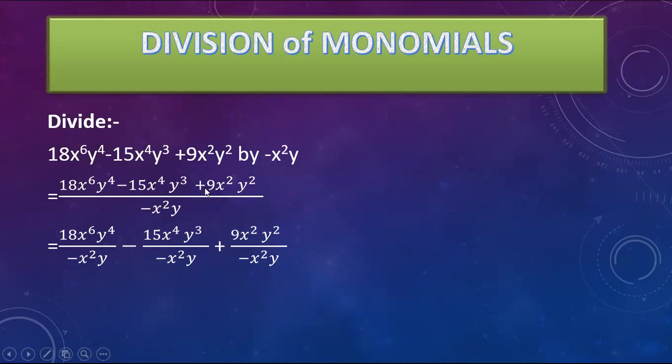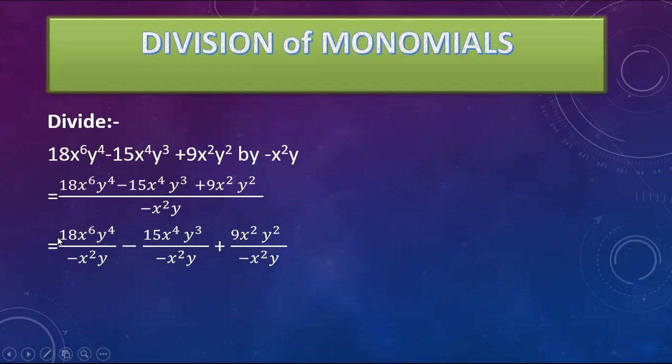Now the third term is with the plus sign, so we have copied plus as it is, and the divisor is with the negative sign, so we have copied the minus sign here with x square y. Clear everybody? What we have done, we are now going to separately divide these three terms by minus x square y.